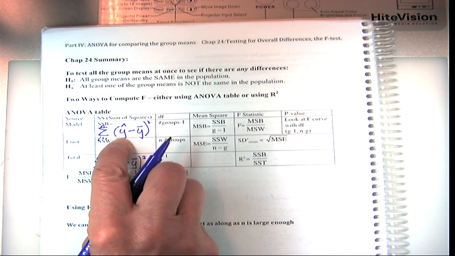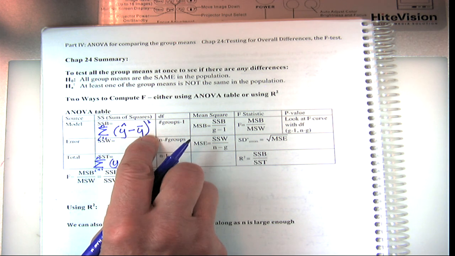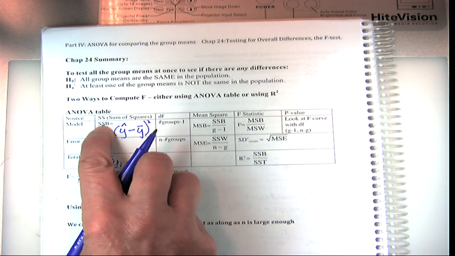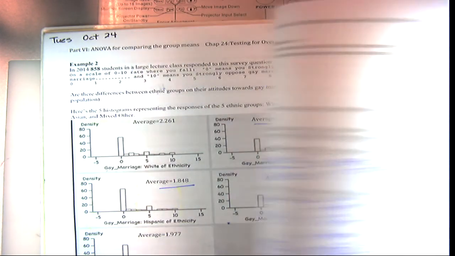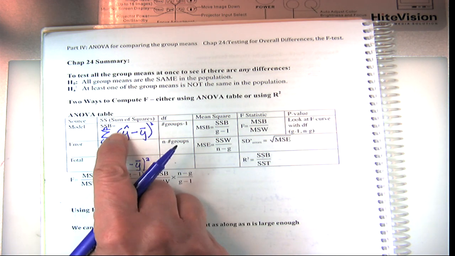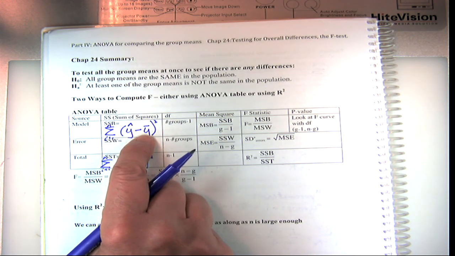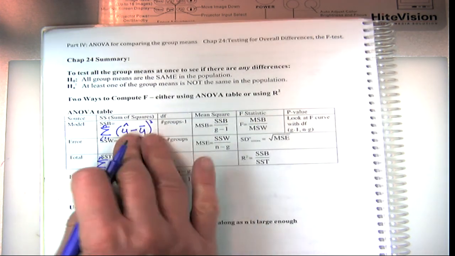There's 5 predictions because there's 5 groups. For each one, you would subtract off the average. But then you have to do it for all 858 people. So if there were, let's say, 300 whites, for each one of those 300, you'd have the same prediction minus the same overall average. So that's that.